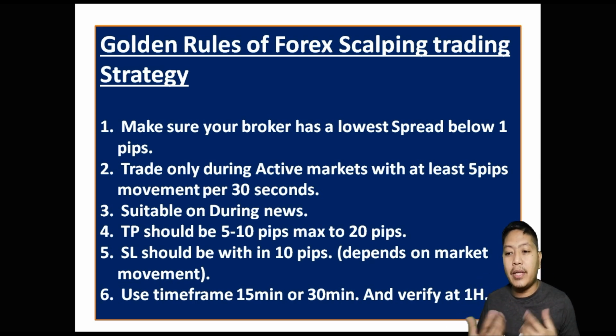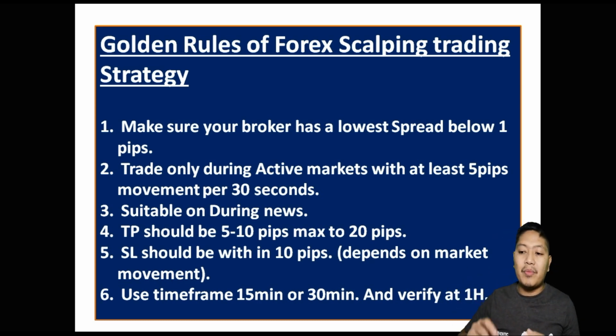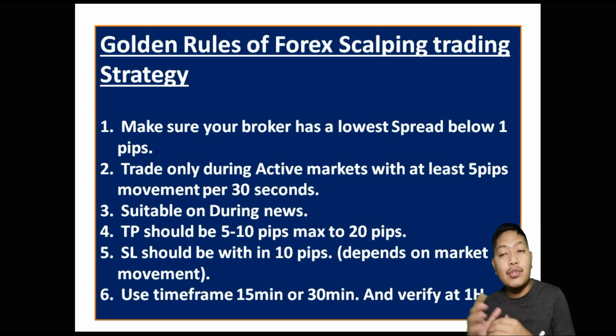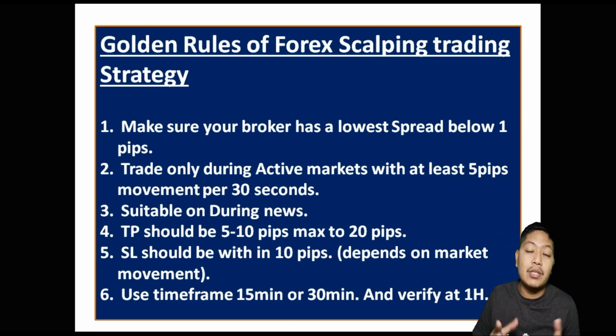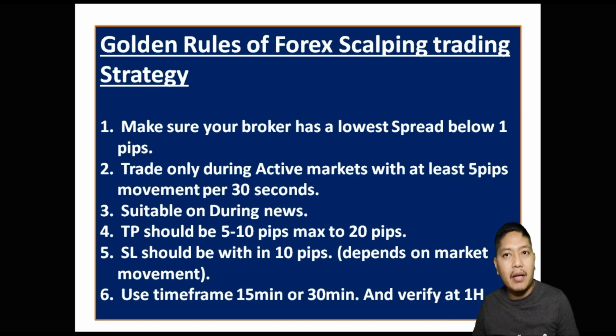That's what I found. Number two is to trade only during active markets with at least 5 pips of movement per second. What it means, I will show you later on how it works. Trade only if the market has higher movement, especially during news trading. During news there are higher movements, sometimes more than 5 pips to 10 pips in 1 minute or 30 seconds.